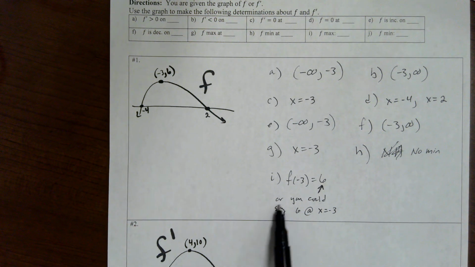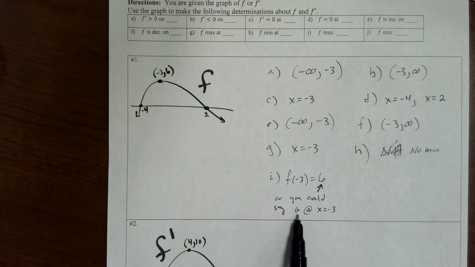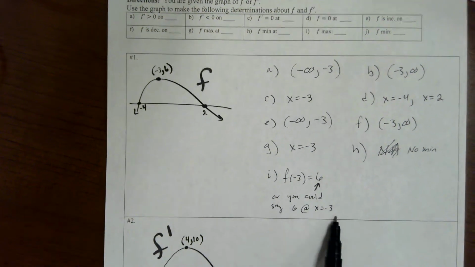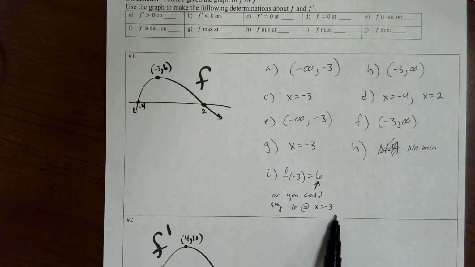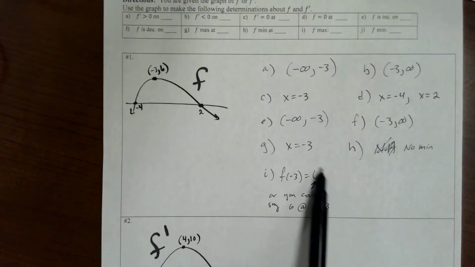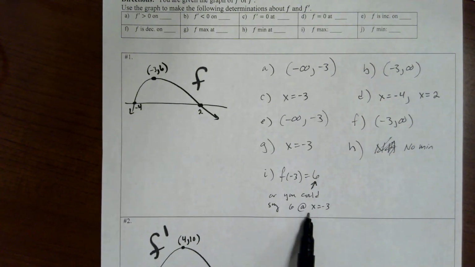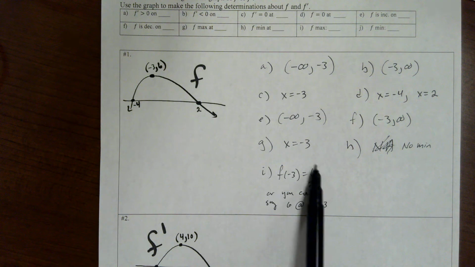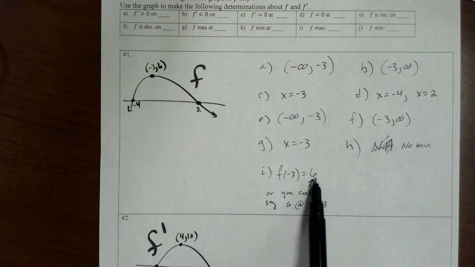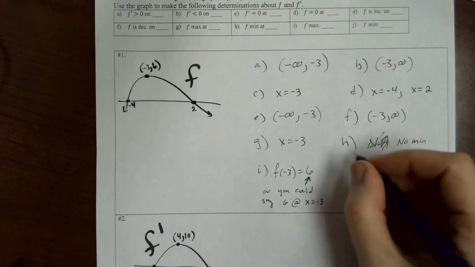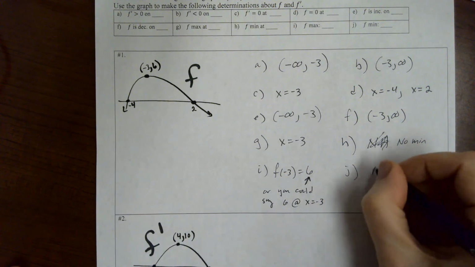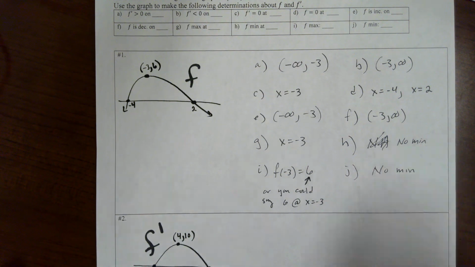So the max is 6 at x equals -3. You could say that, but using function notation is just a faster way of giving that same information. Using this implies that 6 is occurring at -3. And then J, again, no min.